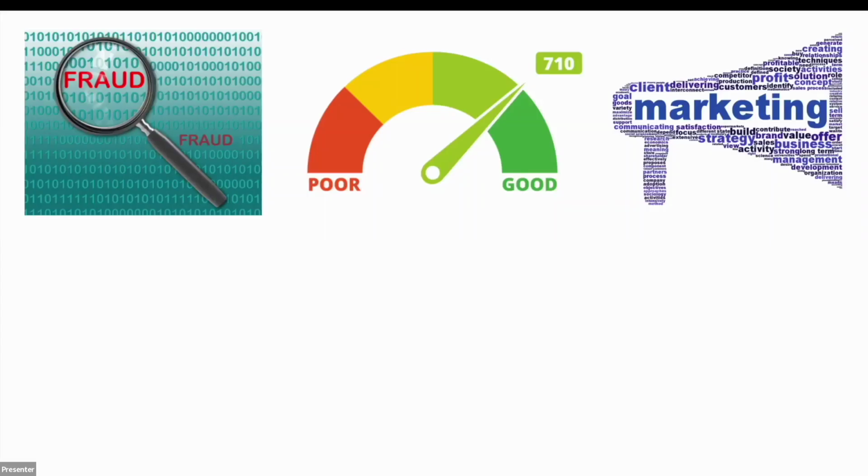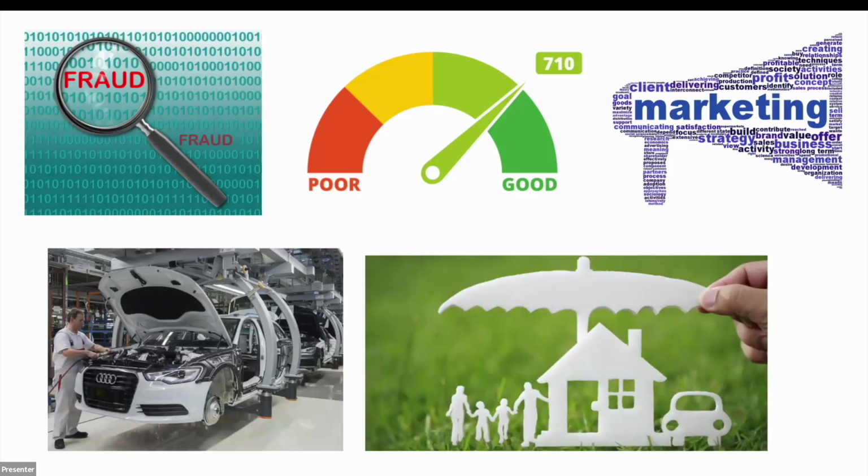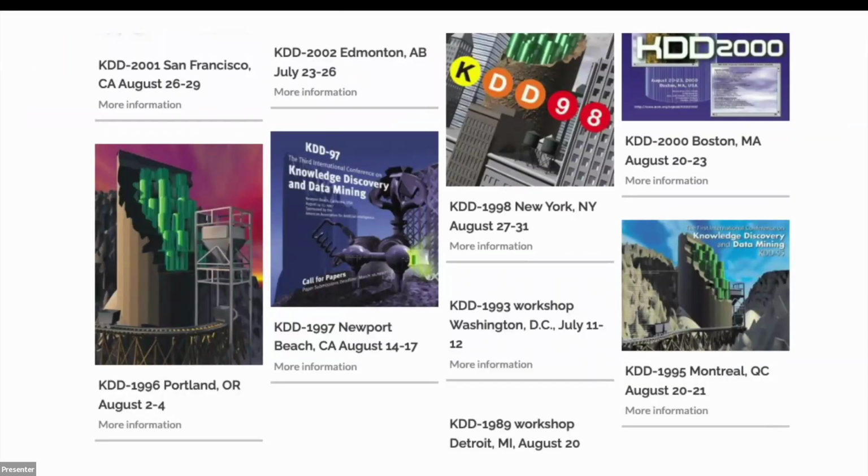And there have been tons of practical applications since the 90s, for example, fraud detection, credit scoring, marketing, analytics, manufacturing, telecom, and insurance. And there have been numerous conferences. For example, the KDD is one of the best that combined theory and practical applications in the machine learning domain. And this has been running since the 90s as well.